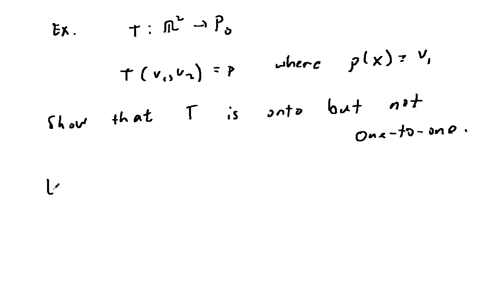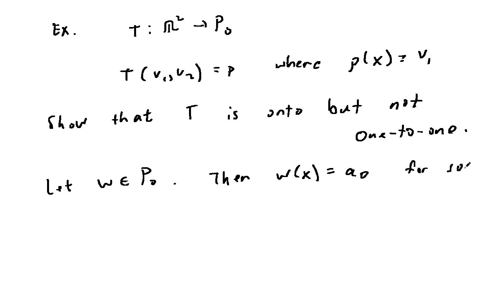Okay, so let W be in P0. Then W is a constant polynomial. Let's just say A0 for some constant A0. Now let V be this vector.